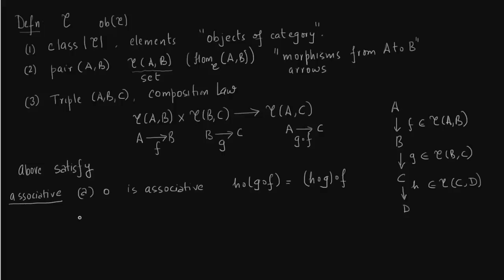And the second is the identity axiom. So we have the following equalities. F is an arrow from A to B, and if G is an arrow from B to C, the following equalities will hold.